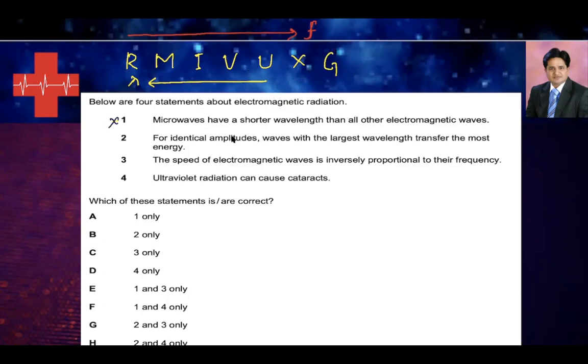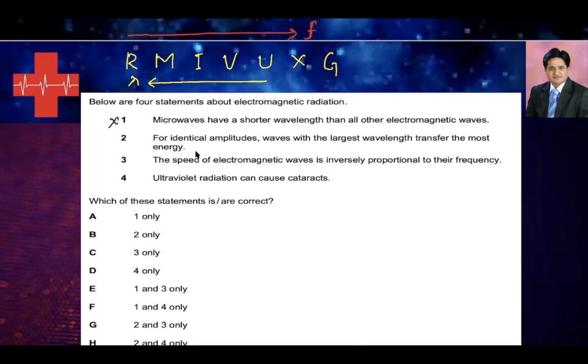Let's look at the next statement. For identical amplitudes, the waves with the largest wavelength transfer the most energy. So you need to know the relationship between energy and wavelength.